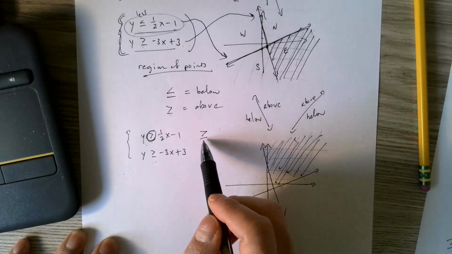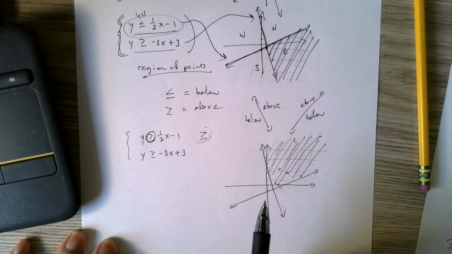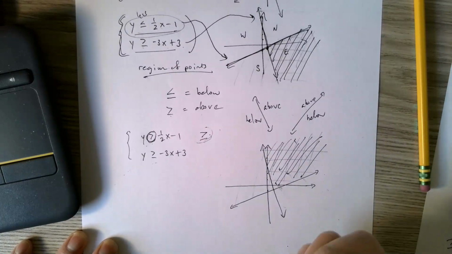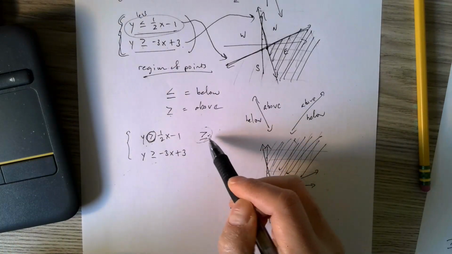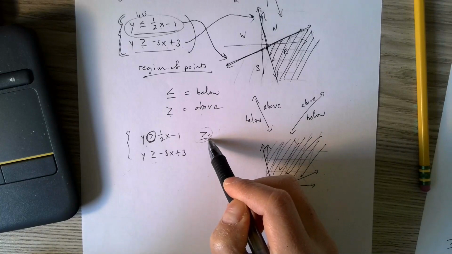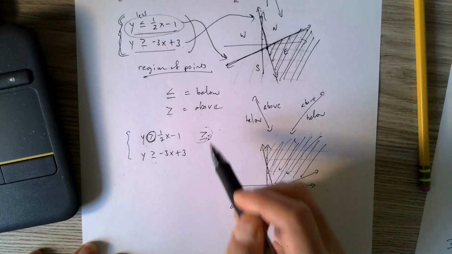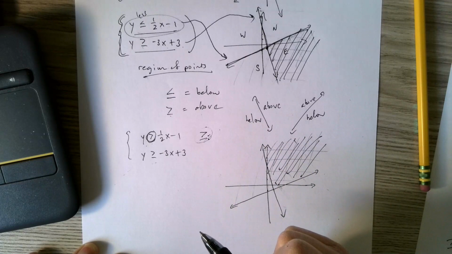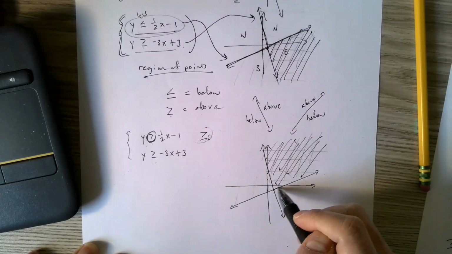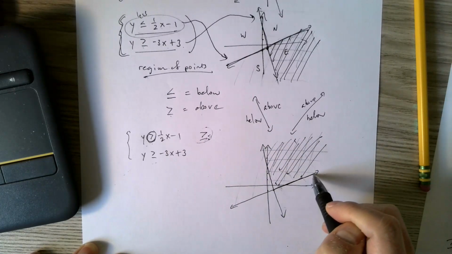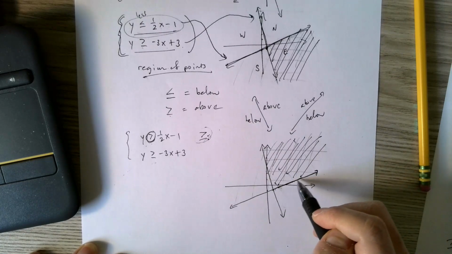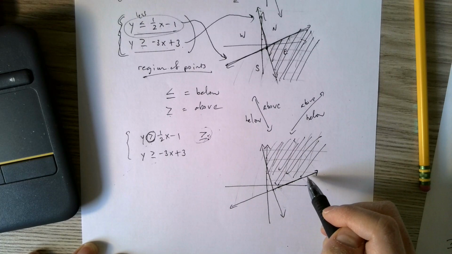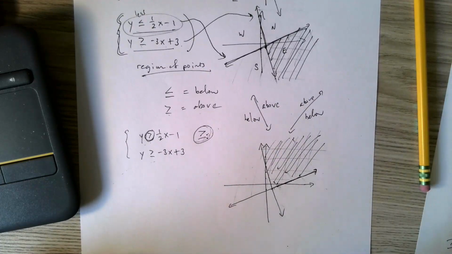Well, greater than or equal to means show me all the points that are above the line as well as all the points equal to the line. All the points that are equal to the line are the points physically on the line. A line is made up of points. So these points are included when it says greater than or equal to.